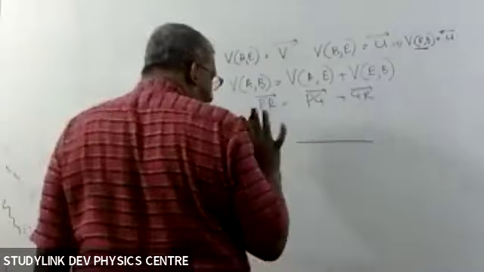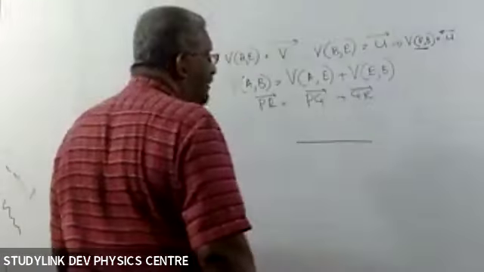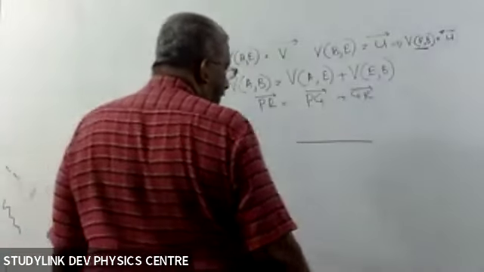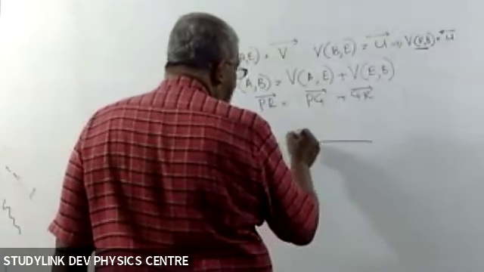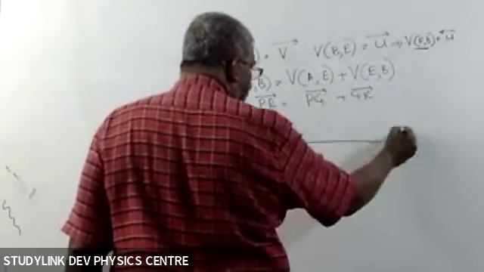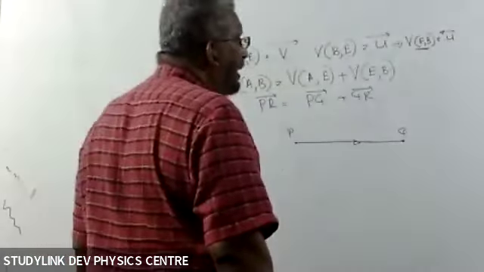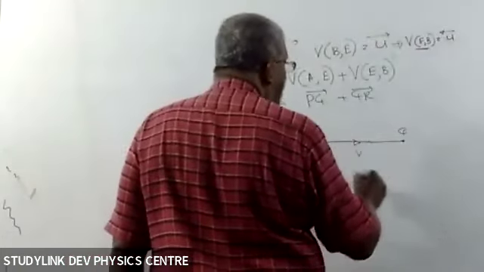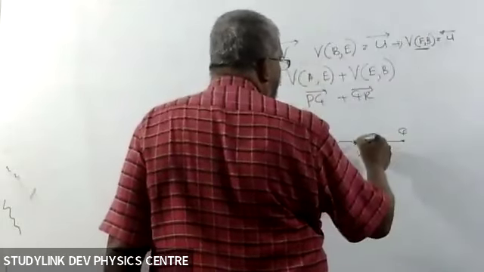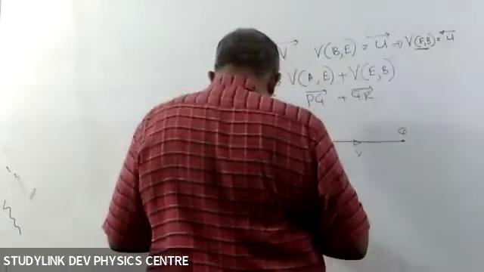So here, that is V, and after that, this is PQ, P to Q. The direction is this. Then QR is EB. This is V. The QR direction is the opposite direction.